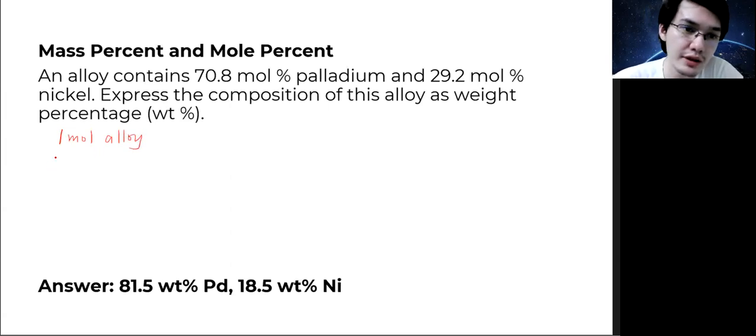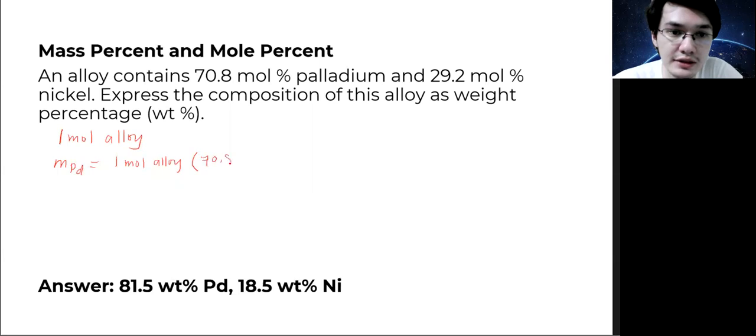So to determine the mass of palladium, for 1 mole of alloy, it has 70.8% Pd.